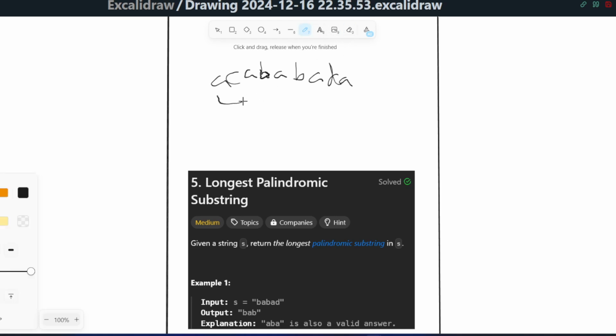But you'd also have to check AC, and then CA, and then AB, and then BA, AB, and so on, to grow the even palindromes. So you have 2n center points, and you'd have to grow out each one with an O of n worst case palindrome, which still turns out to be O of n squared.